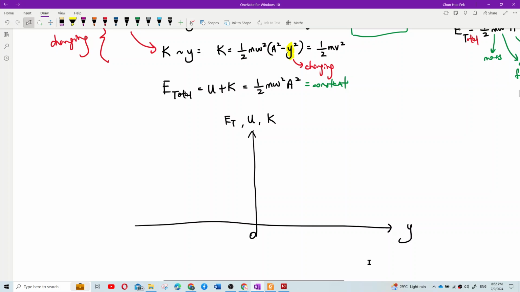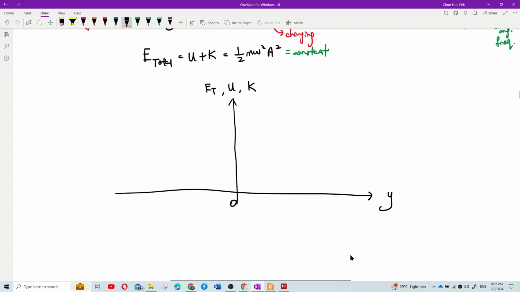So di center ini ialah equilibrium position. Kalau di sini, ya, di sini ialah positive amplitude, di sini ialah negative amplitude. So class, macam inilah.